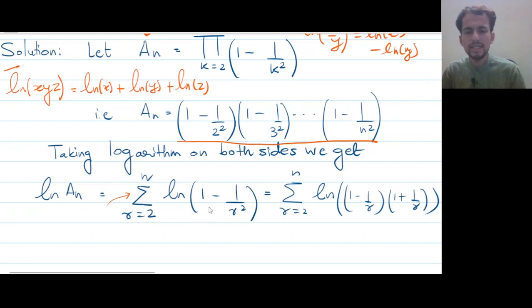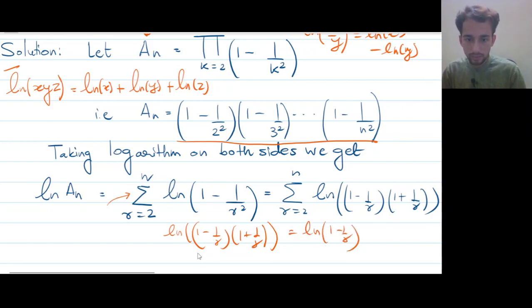Further you can simplify it using simply ln of, this will be a square minus b square, so it will be 1 minus 1 by r times 1 plus 1 by r. So again, if you use the property of logarithm, because it is a product of two terms, this is one, this is another, it will be the sum of the individual logarithms.